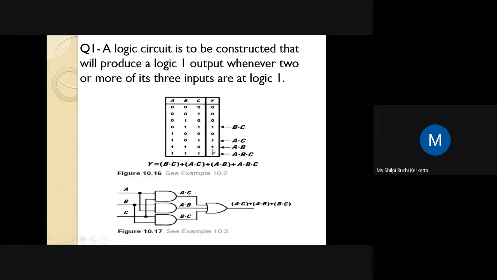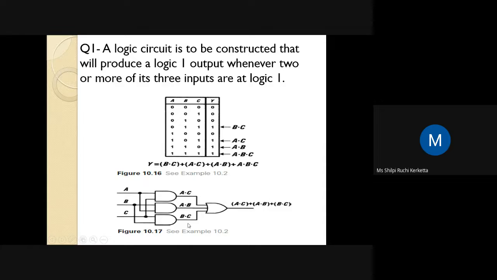The third term will become AB, and the last term will become ABC. As ABC is universal, we can remove this term. So using sum of products it will be BC plus AC plus AB plus ABC, and to make a circuit we can eliminate this ABC part.